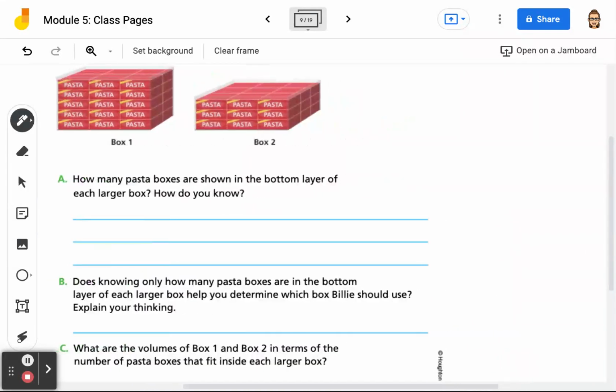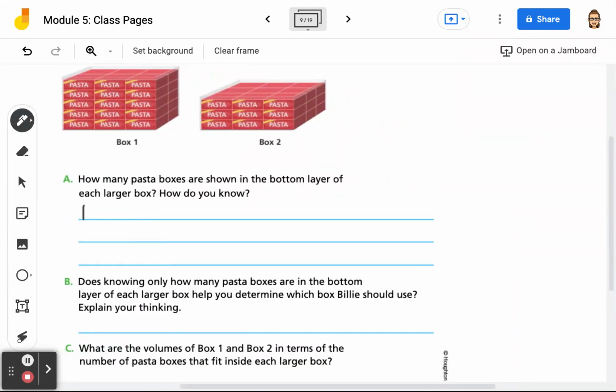So if we look at box 1, we have 3 across and 2 back. So we're going to do 3 times 2 equals 6. We have 2 rows of 3.